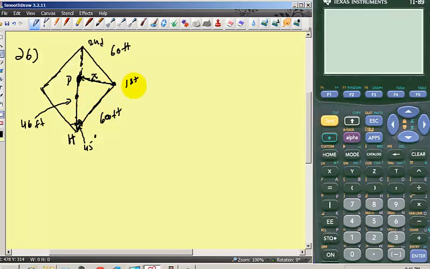So I could use law of cosines, because we're finding that X, so I'm going to use that angle. So X squared is equal to the other two sides squared, which is 60 squared plus 46 squared, and then minus 2 times 60 times 46 times cosine of 45 degrees.